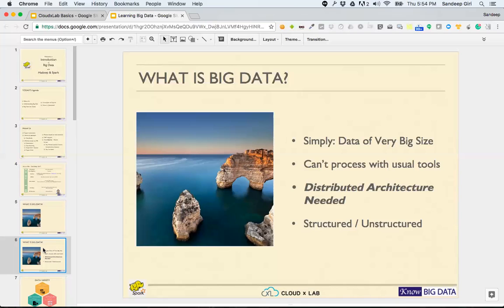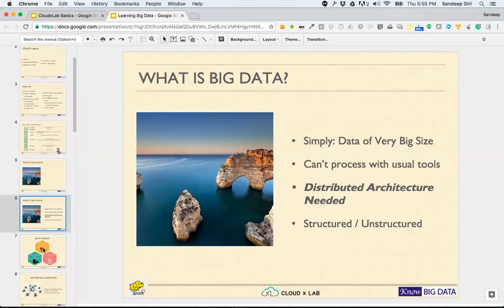The answer is the tools that are not distributed in nature, meaning your usual file system like C colon, D colon on your machine, as well as the usual database, which runs on a single computer. So it is data of very big size that you cannot process with your usual tools, and you need distributed architecture. The data could be structured or unstructured. All right, so that's big data.